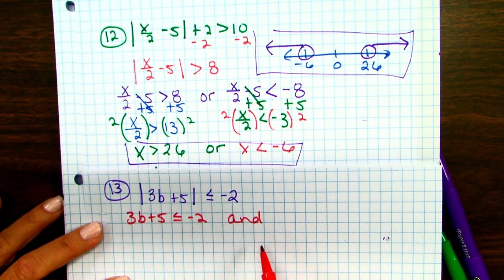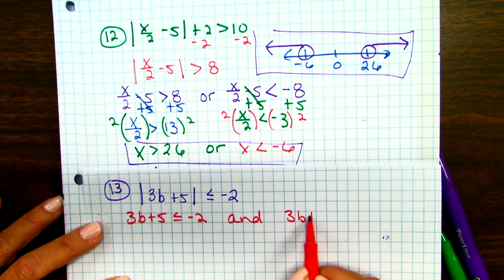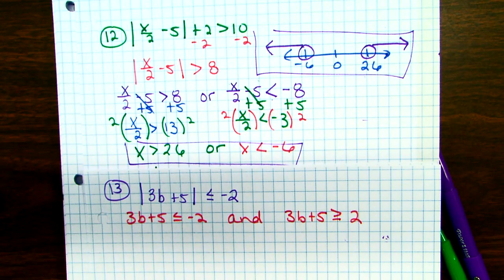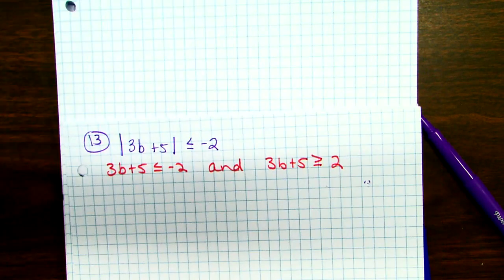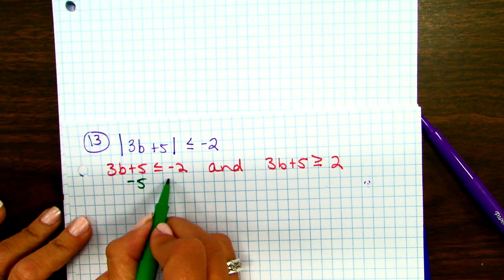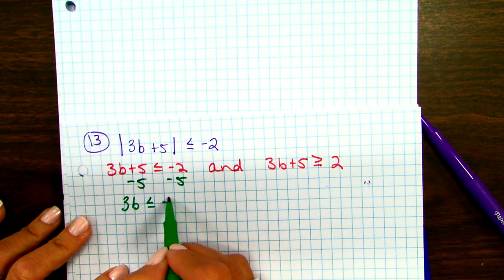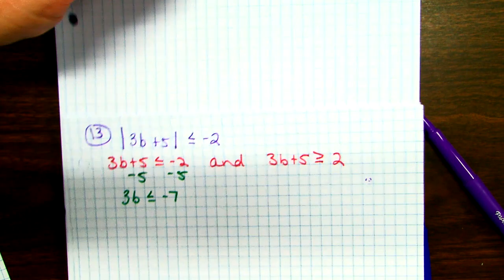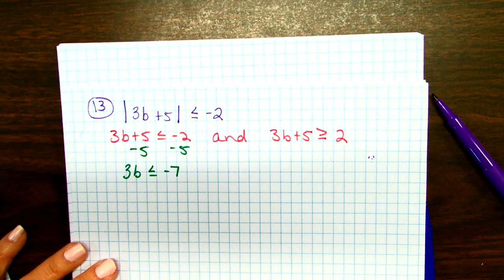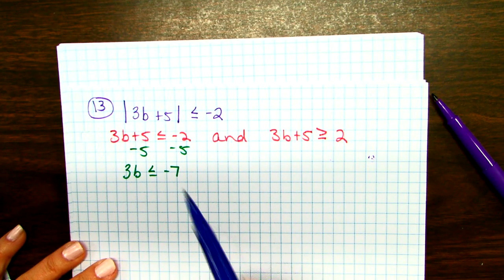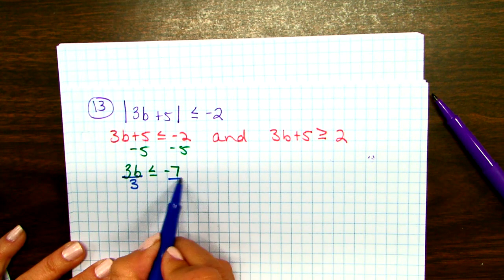And flip, change sign. Okay, and then I'm just going to solve them. -2 minus 5 is -7.